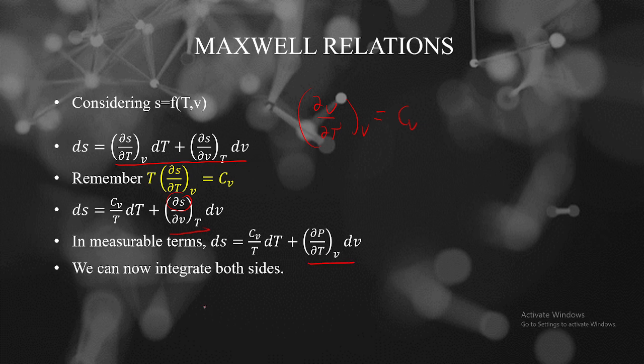So when we are done, if we want to find maybe our S, so maybe S2 minus S1, we can integrate both sides. So we'll have here the integral of CV on T dT plus then this expression. So maybe we have an equation of state. We can use this to model our equation of state so that we'll have that expression, dV.